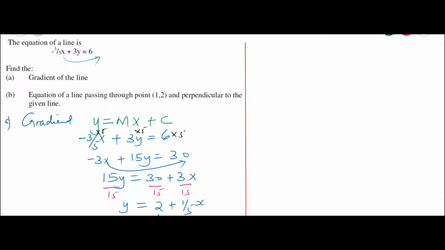So you can see now, we have written this one in a format of a general equation of a straight line. You can rearrange it to get y is equals to, so you can get this one as y is equals to 1 over 5x plus 2. So now we can identify the gradient, since the gradient is denoted by, this is the gradient, the coefficient of x.